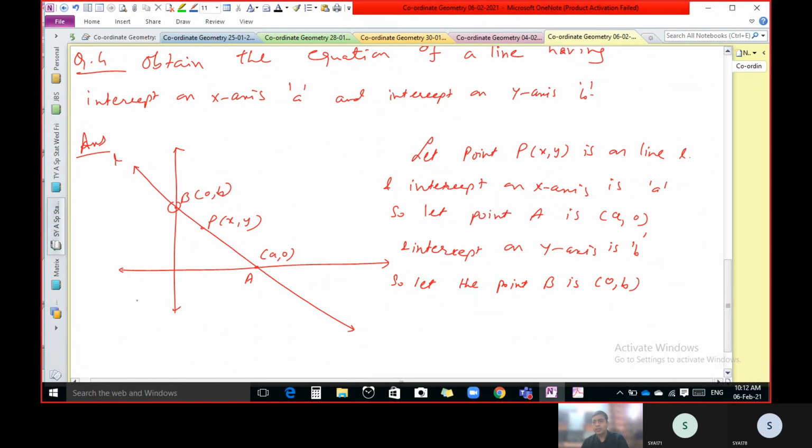Now these three points are on line L. The points A, P and B are on the same line, are collinear points, meaning they are on the same line.